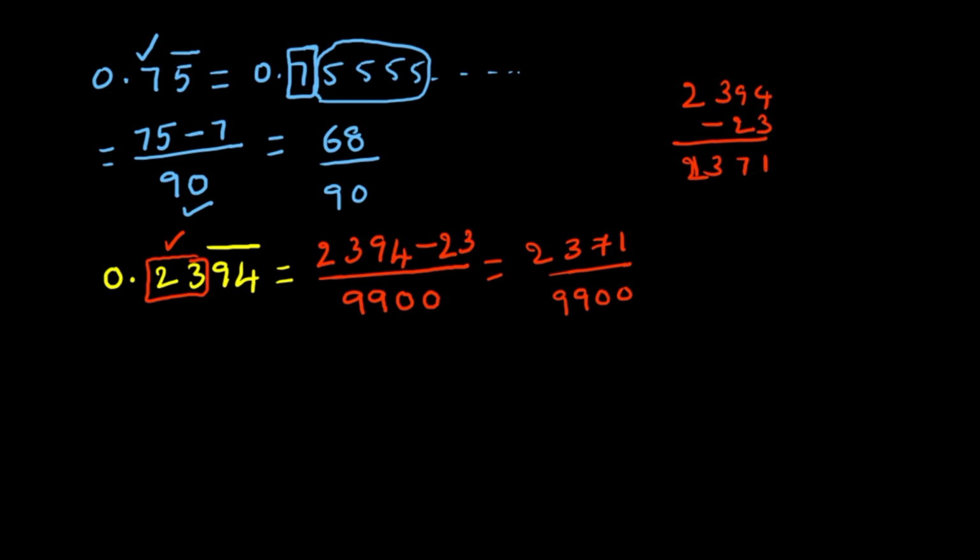And one more simple example, in case you have a doubt: if you get a mixed number like 2.3 bar, how can this be written? Yes, you can split it like 2 plus 0.3 bar. Now, 2 plus 0.3 bar, writing it one more time.